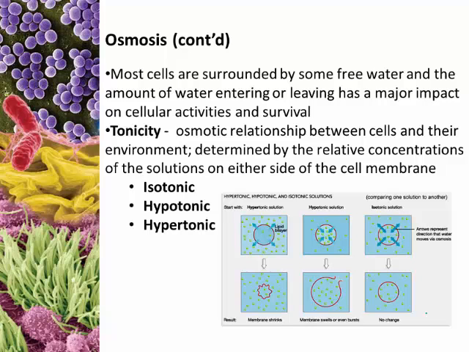So, in an isotonic situation, what we see is equal amounts of solutes on either side of this membrane, inside of the cell and outside of the cell, or between the two liquids. When you use the term hypotonic, you're saying that one solution has less solute than another.